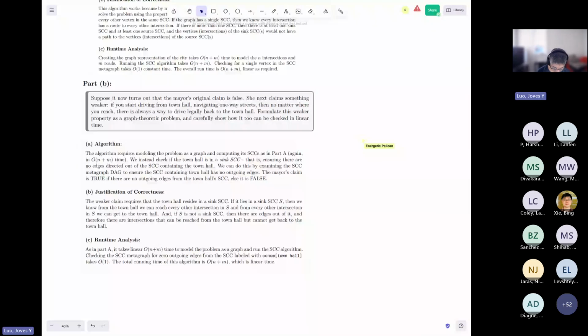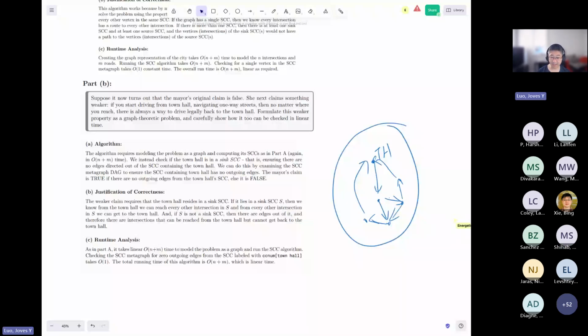So imagine I have a bunch of vertices. Then I have all these edges. And for the sake of argument, this is a single SCC, okay?